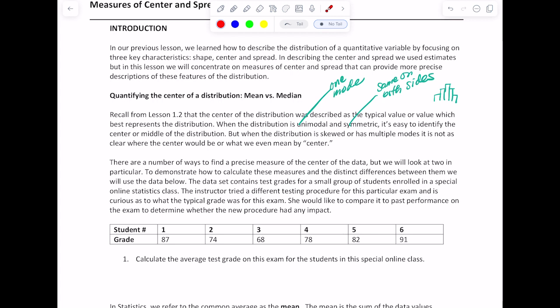So how do I find an average or a mean? To do that, we are going to take the values that we have, add them, and then divide by the number of values that there are.